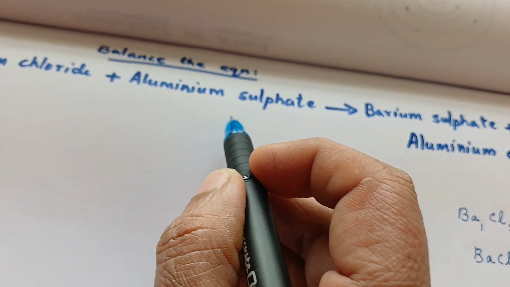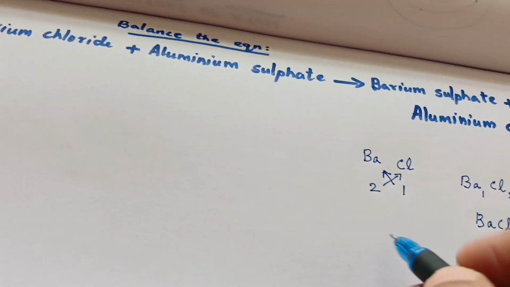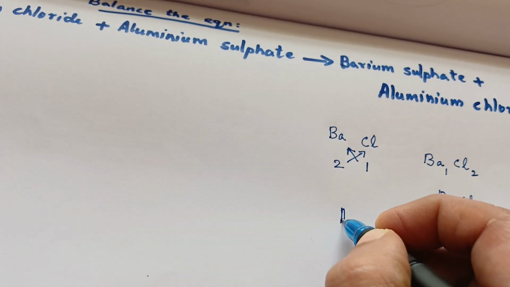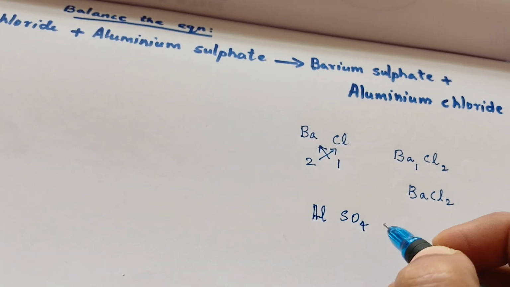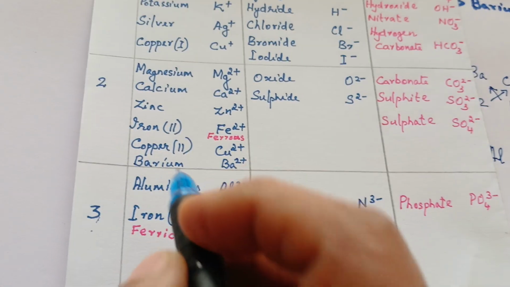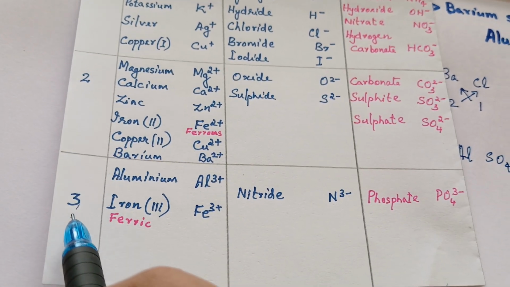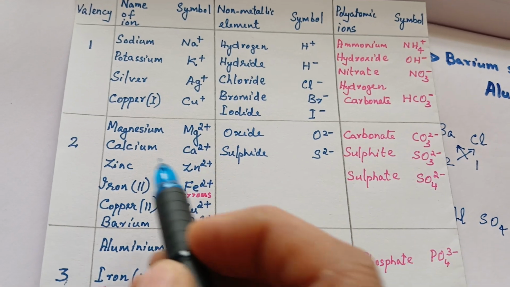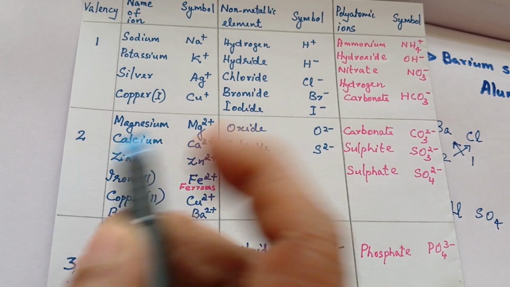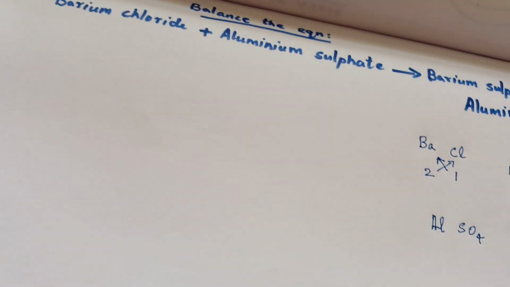Next compound is aluminium sulfate. Aluminium symbol is Al, and sulfate, a polyatomic ion, is SO4. The valency of aluminium is 3 and that of sulfate SO4 is 2. Let us write their valencies.